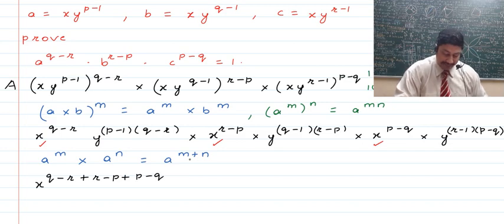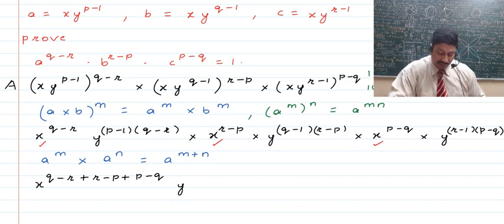So next we will talk about the powers of y. The power of y, we will find out the product. So we have pq minus pr, then we have minus q, and we have plus r here.